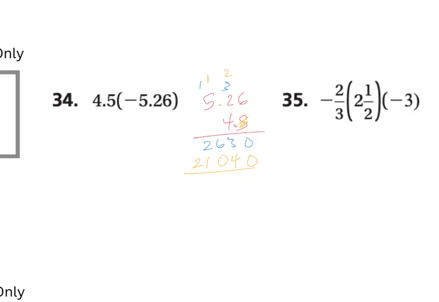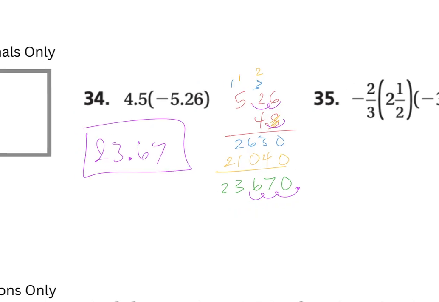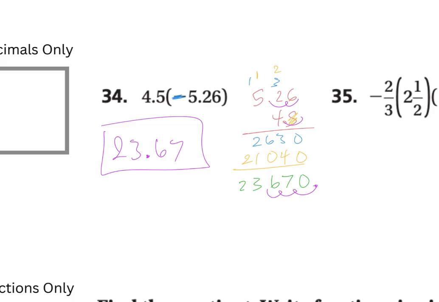Our answer is still coming. We had to add all those up. We need to move the decimal 1, 2, 3 times. 23.67. Oh no, it's 67. And then also, it is negative because we had a negative times a positive.